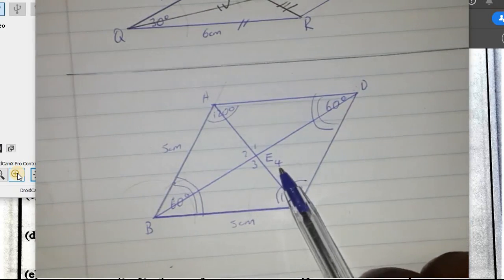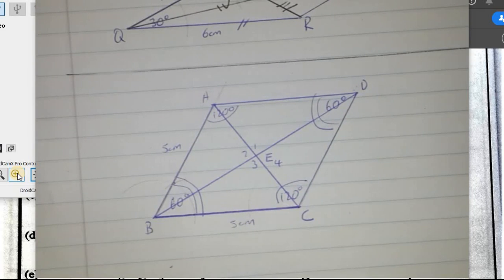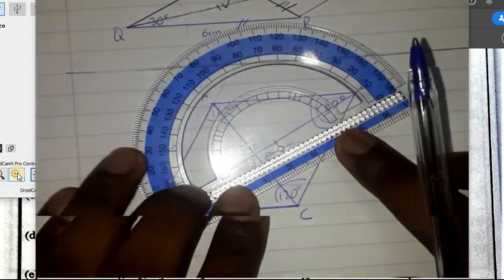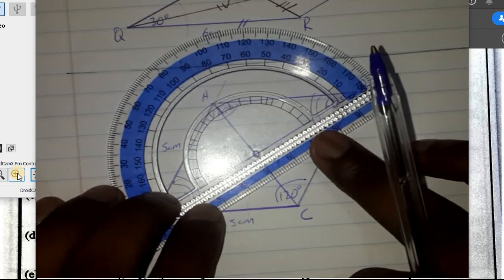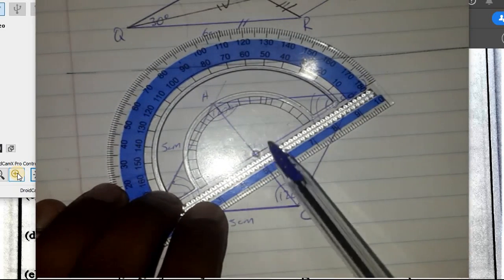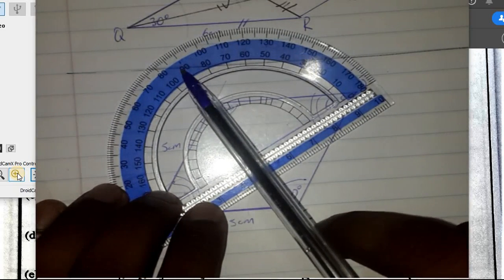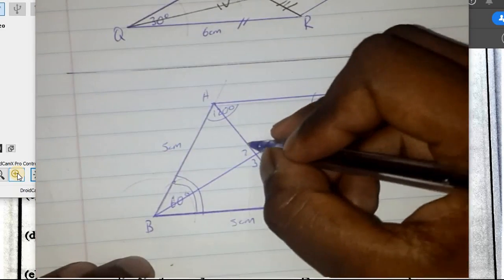So we named it E1, 2, 3, 4, and then they say measure angles E1, 2, 3, and 4. If you measure that, there's a glare again, but you're gonna see that this is 90 degrees. Can you see this line here is going into the 90 degrees?